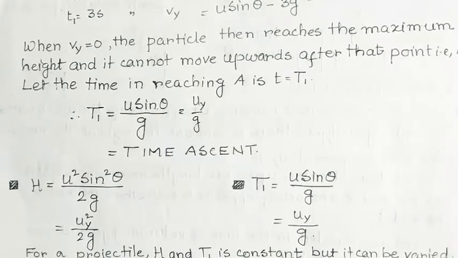So both the maximum height and the time of ascent depend on the y component of the velocity, because g is constant throughout the motion. If you want to throw it to a greater height, or you want the particle to be in the air moving upward for a greater time, we just throw it with a greater value of uy.